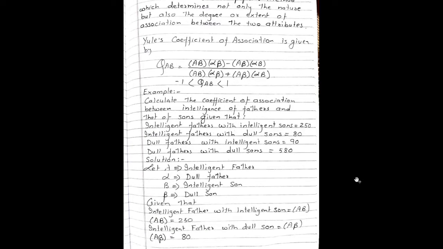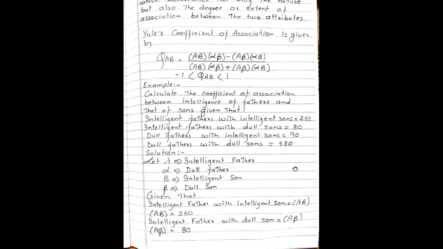Let A denote intelligent father. Naturally alpha will denote dull father. B denotes intelligent son. Therefore beta will be dull son. Given that, intelligent father with intelligent son is equal to AB. The value of AB is given as 250.